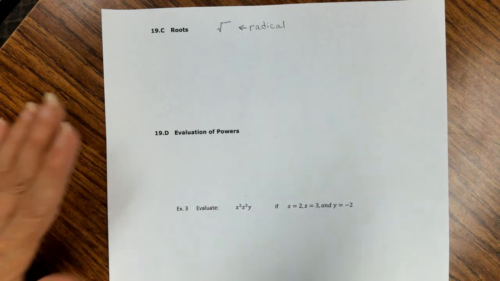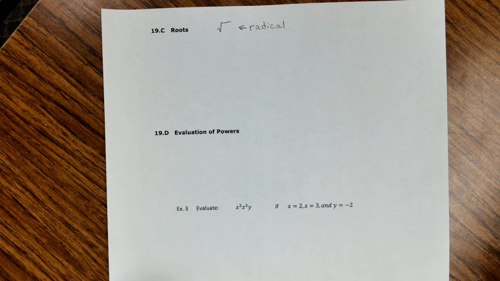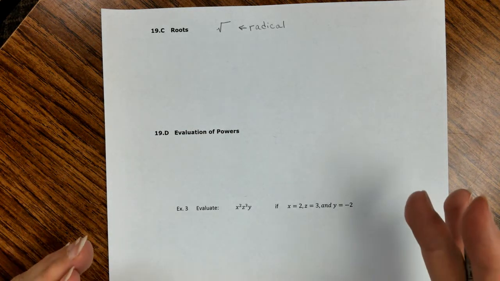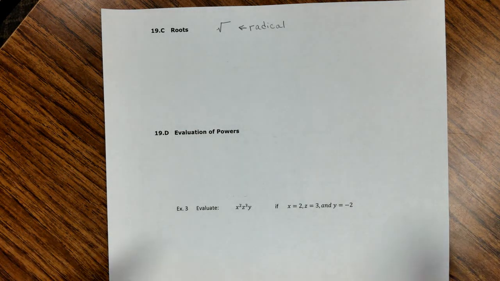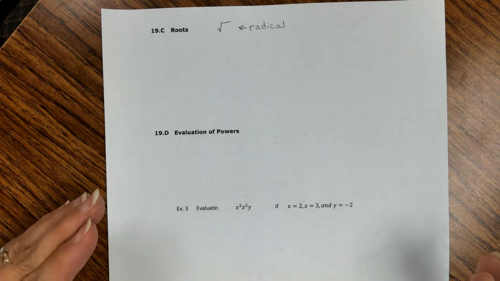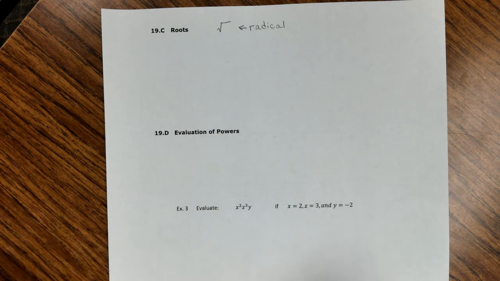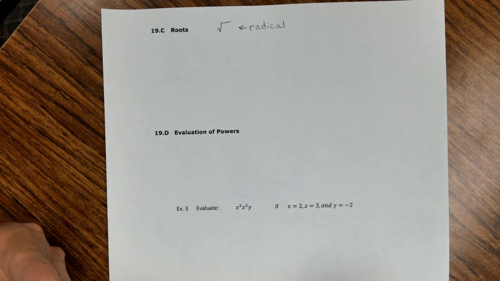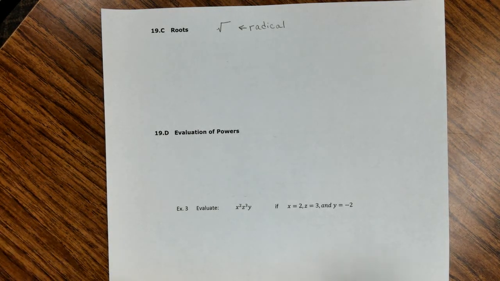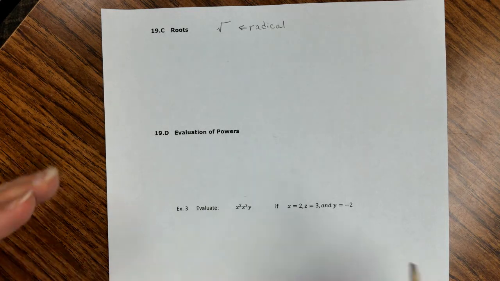And just like subtraction is the opposite of addition, and division is the opposite of multiplication, taking the square root of a number is the opposite of squaring the number. Or just taking the root of a number is the opposite of raising that number to a power.